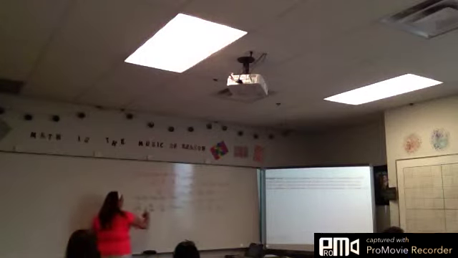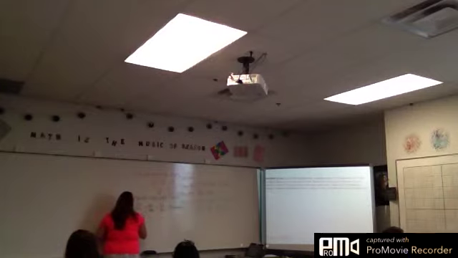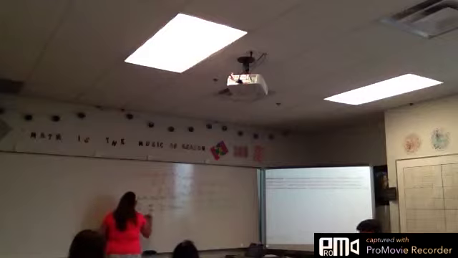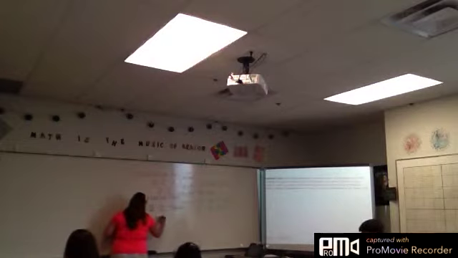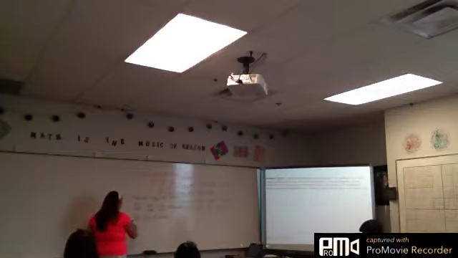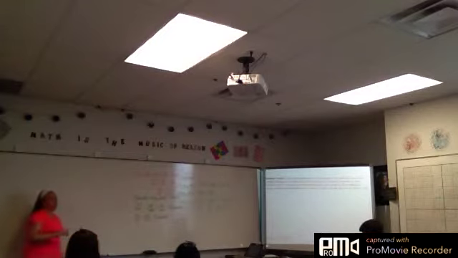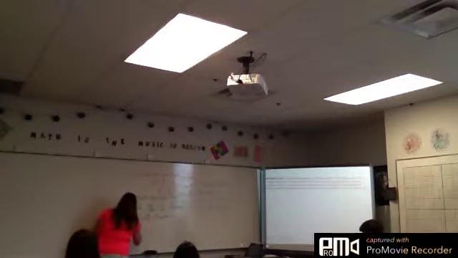74 plus 51 is what? 125. 125 over 200. Now, how do you solve from there? Subtract. What's 113 minus 125? Negative 12.